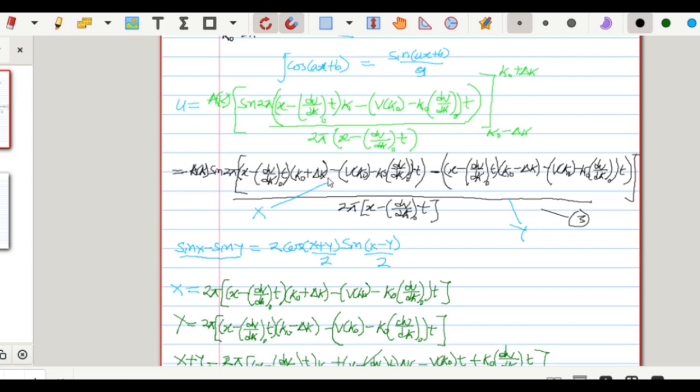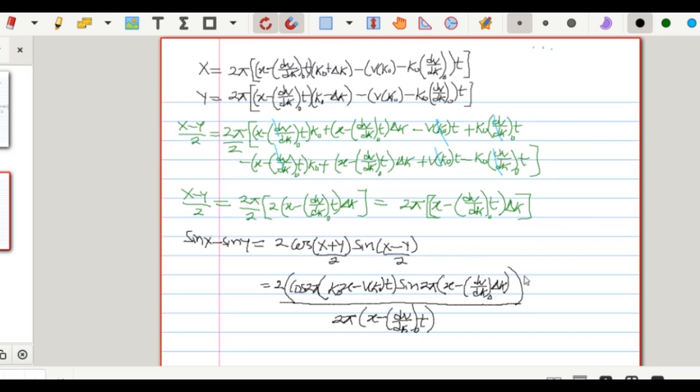So instead of having all of this, we are substituting this. So it's the same thing here as saying that this is still multiplied by 1 divided by 2 pi into x minus dv over dk naught of t. So it's the same thing as multiplying this by this. So we are substituting this into equation 3. So that is what we have.